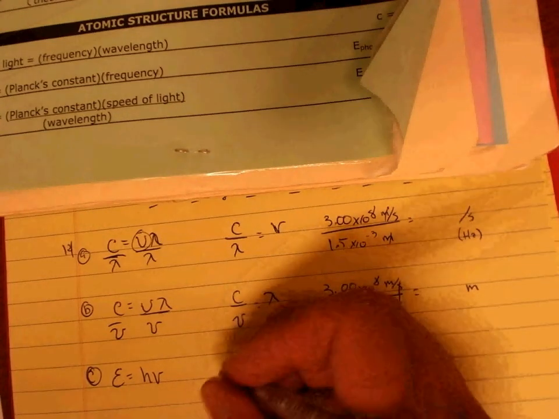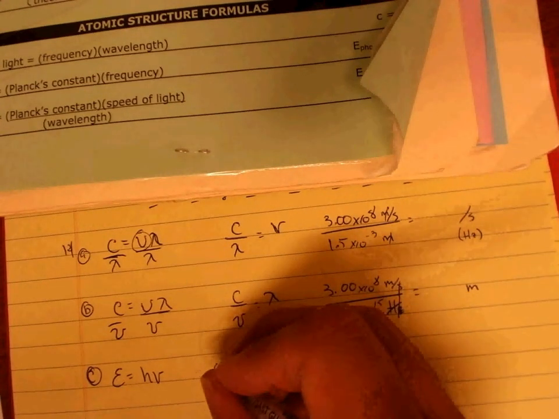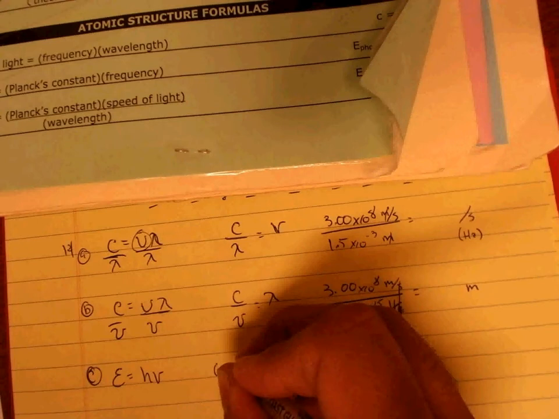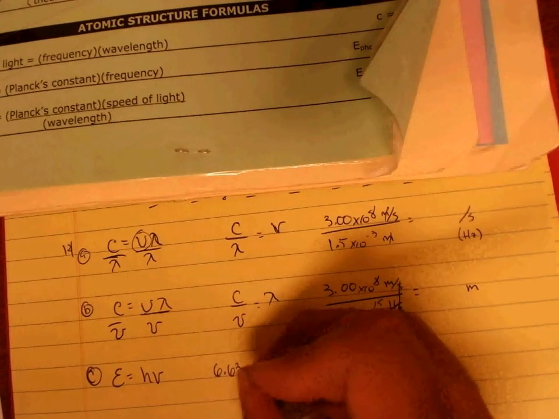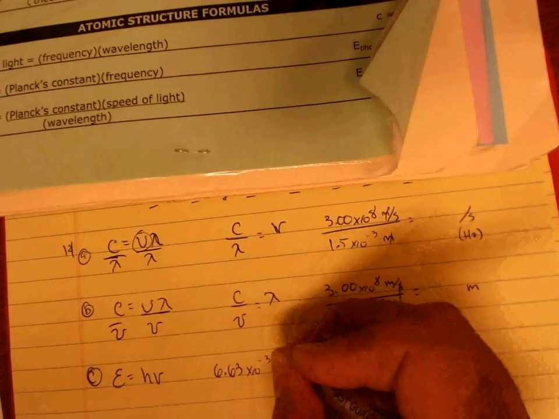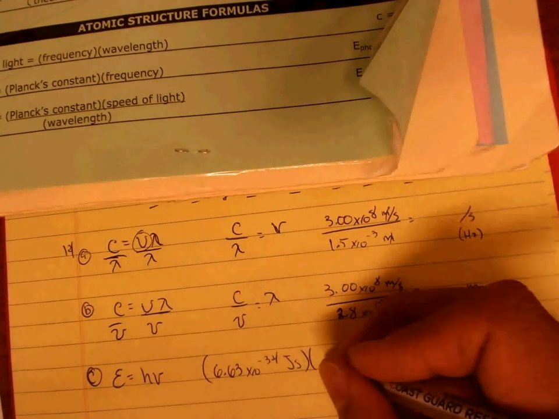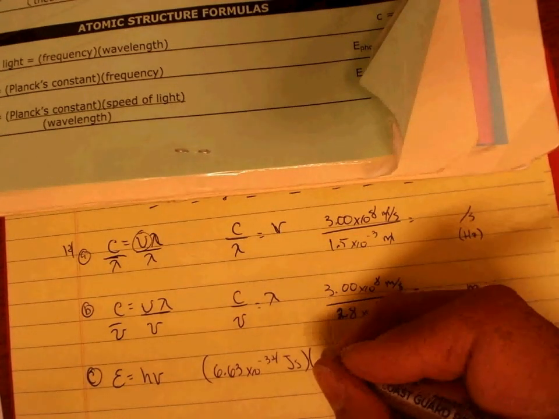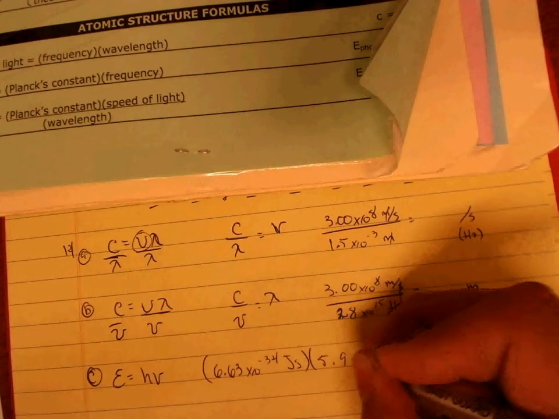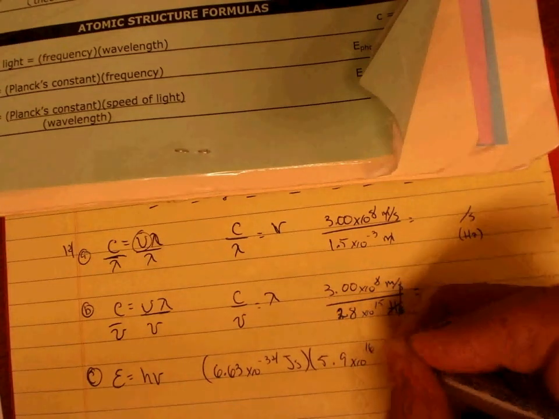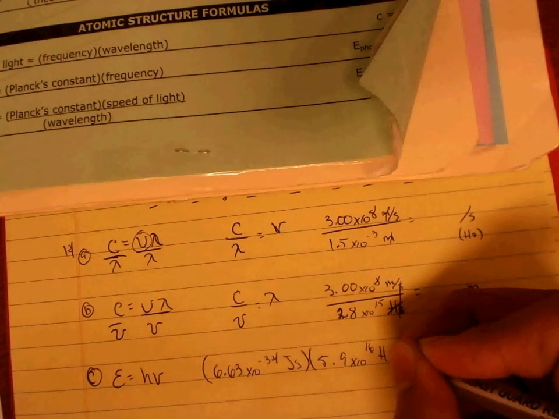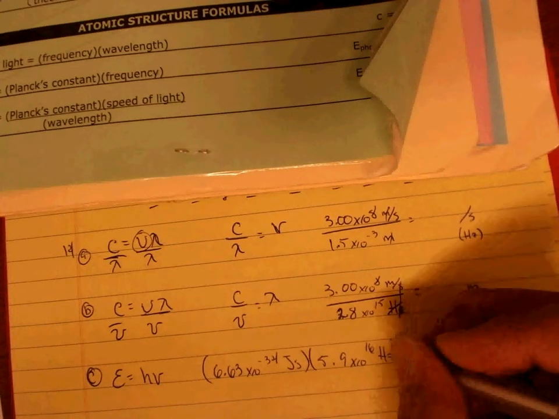And I don't have to modify my equation, so I can just plug in Planck's constant, which is 6.63 times 10 to the negative 34 joule seconds, and multiply that by the frequency given to me, which is 5.9 times 10 to the 16 hertz.